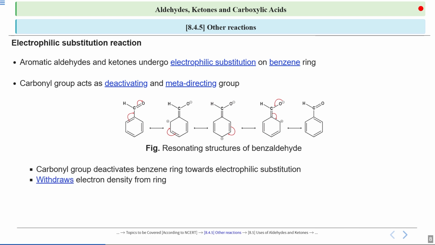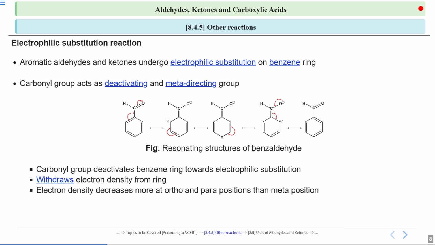Now, the carbonyl group withdraws the electron density from the benzene ring. By pulling electrons away, it makes the ring less electron rich and therefore less attractive to electrophiles. So the electron density decreases more at the ortho and para positions than the meta position.